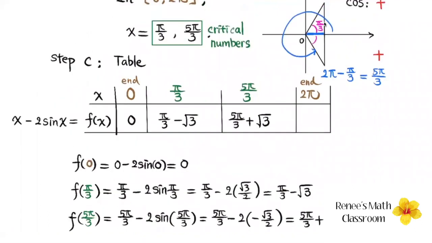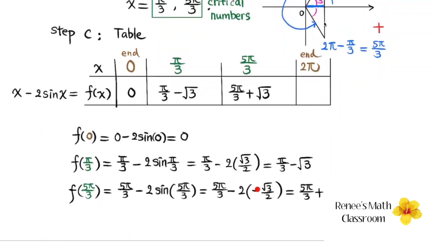Sine is negative in the fourth quadrant because the y here will be negative. So sine of 5 pi over 3 is going to be negative root 3 over 2.